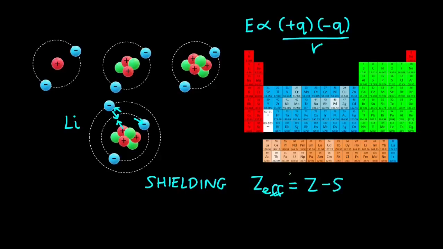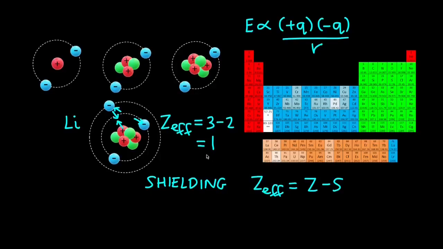And we can use different rules such as Slater's rule to obtain an approximation of the shielding constant, but here we'll simplify this to the shielding electrons being the number of core electrons. So therefore the effective nuclear charge on the valence electron is the number of protons minus the number of core electrons, which is 1.